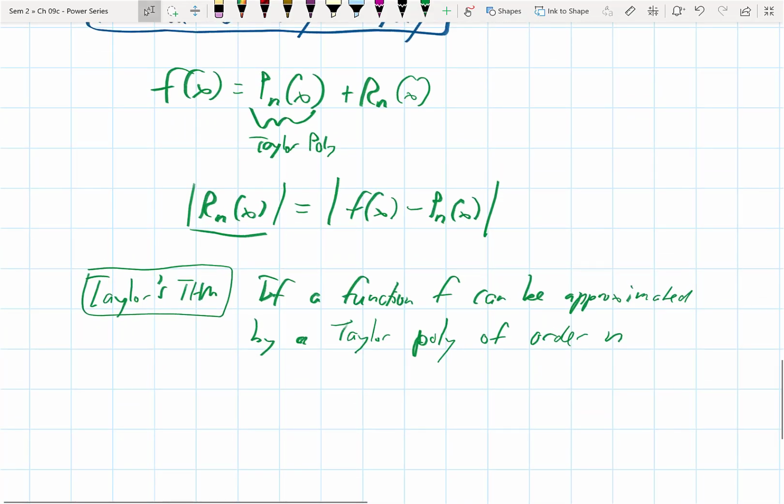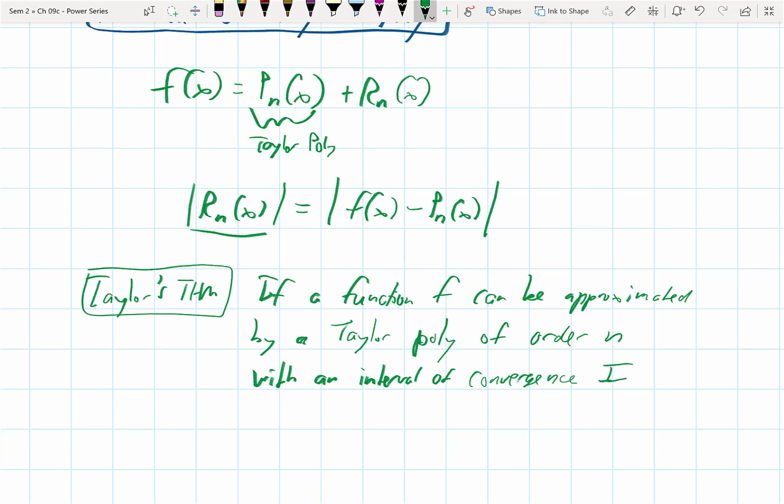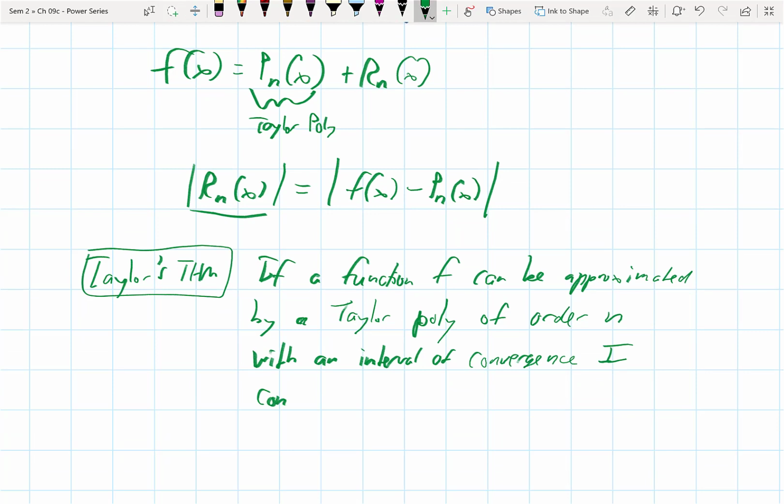So that's what we've been doing. We've been approximating the one up above with a polynomial of order 4, so of order n, with an interval of convergence I containing c.